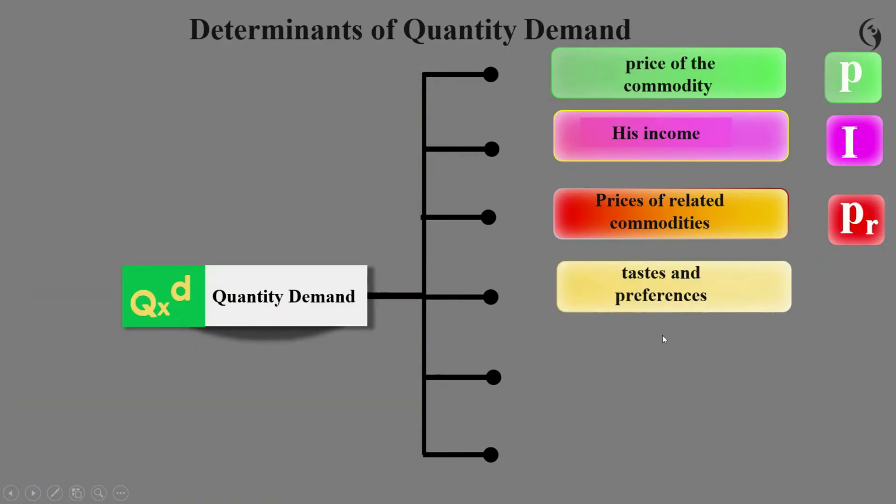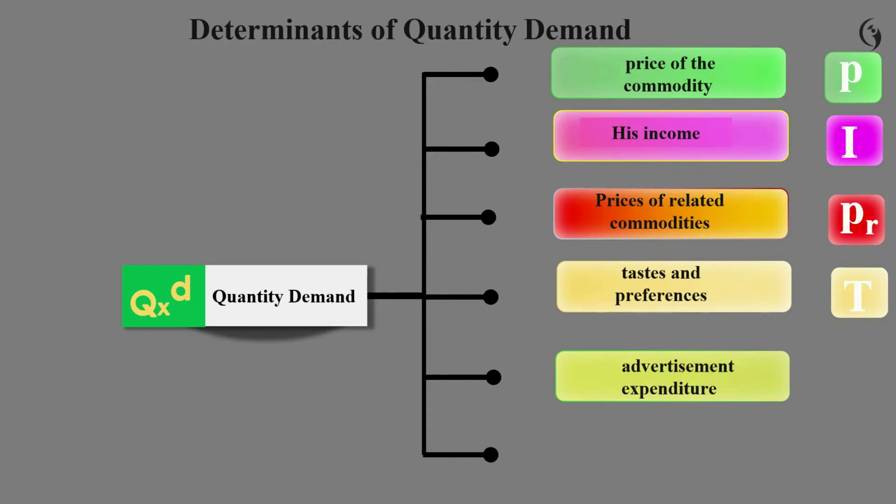The other factor which determines the quantity demanded is tastes and preferences, denoted by the letter T. And the other determinant is advertisement expenditure. Advertisement expenditure nowadays is a very important determinant of quantity demanded. Every consumer considers the advertisements produced by the producer of the good.